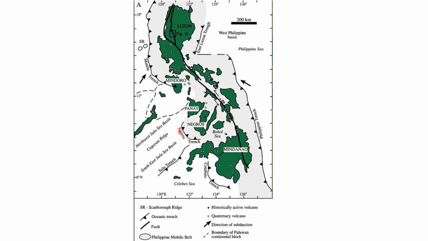We have the Manila Trench on this side, the Negros Trench, the Sulu Trench, the Cotabato Trench, and on this side we have a very long trench, which is the Philippine Trench, and we also have the East Luzon trench right here. All right. We also have a fault line at the center. That is a fault line. We also have very many active volcanoes and quaternary volcanoes. That also causes earthquakes.